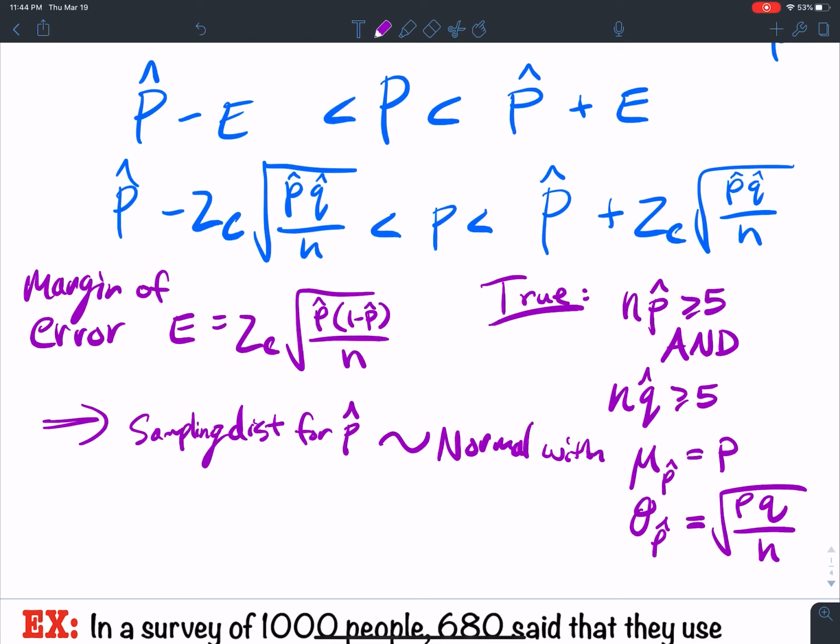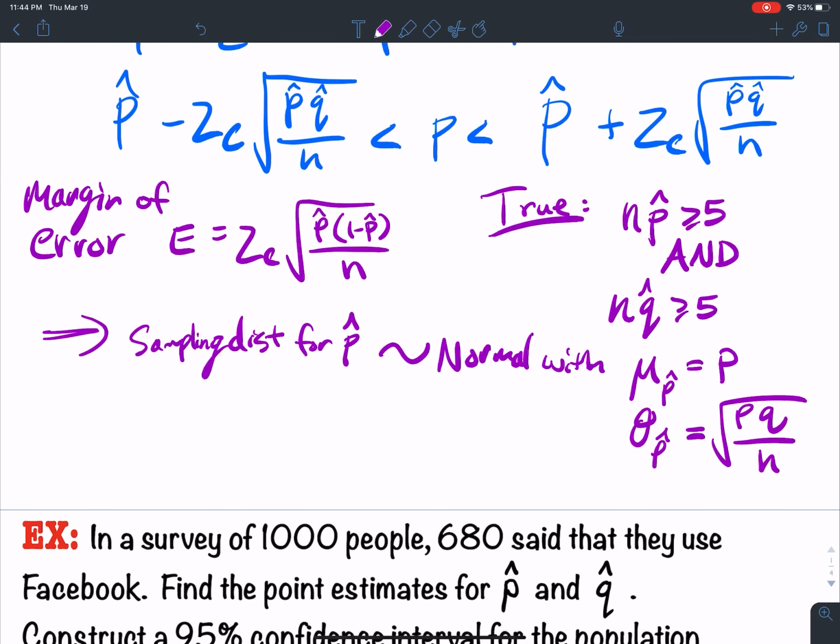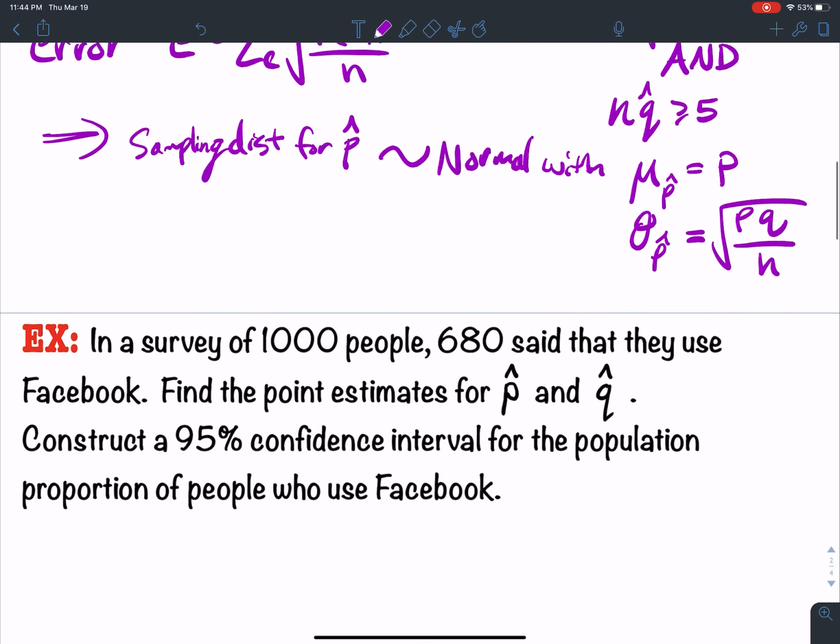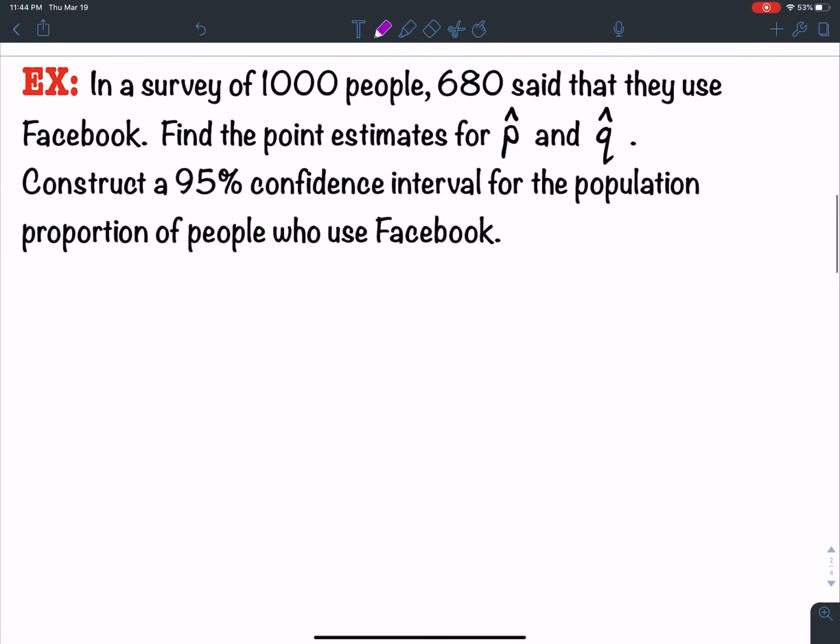So, let's run through an example here, now that we've got our theory out of the way.